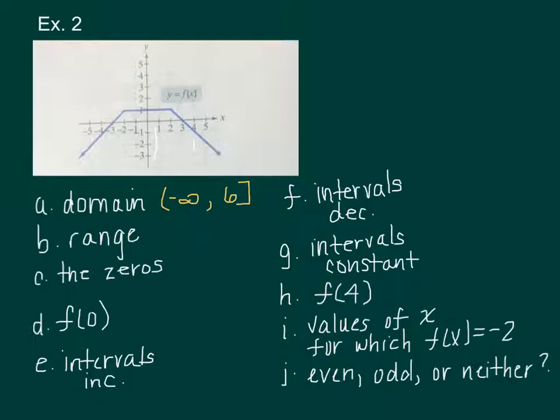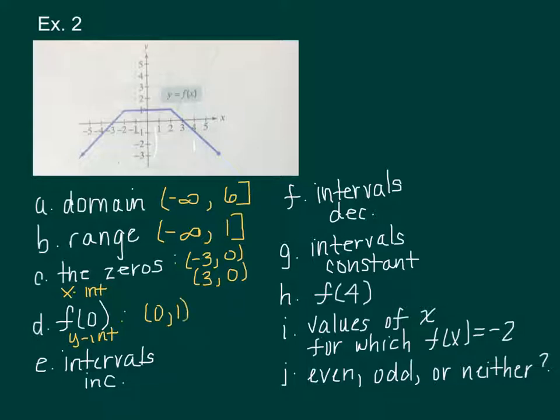Our range is up and down, so we're going from negative infinity, and 1 is the highest. The zeros, which are also known as the x-intercepts, are where it hits the x-axis. So you see it hits it at negative 3, 0, and 3, 0. When you see something like this, f of 0, that means the y-intercept, which is just 0 and 1.